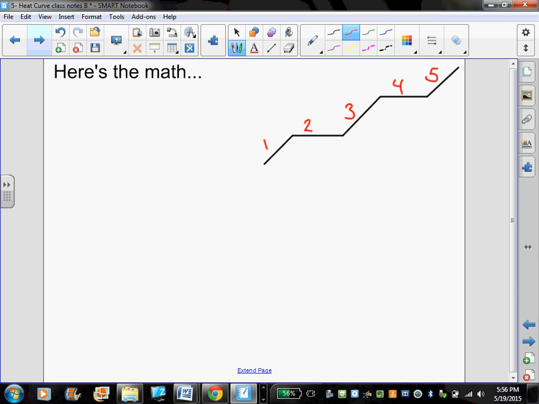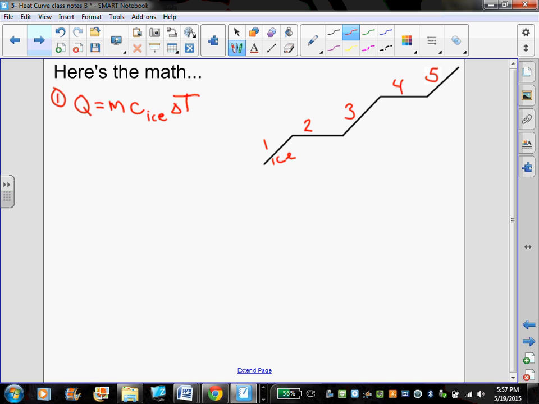So if we think about stage 1, this is when we are ice, right? If we want to do some heat calculations, we would say that Q is equal to the mass of ice that we have times the specific heat constant of ice times the change in temperature of that ice.